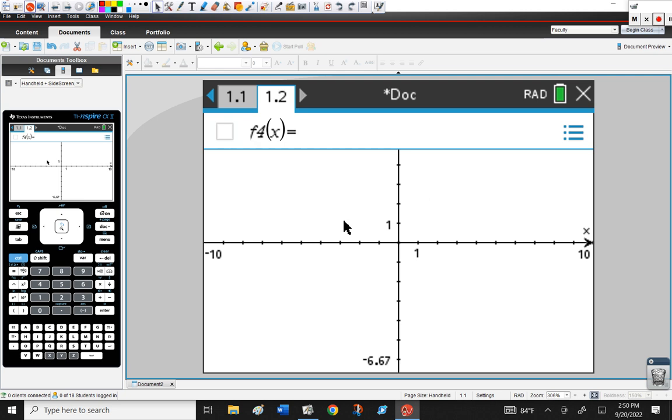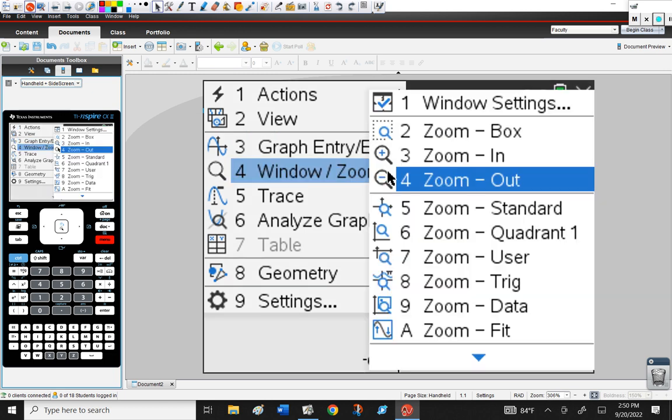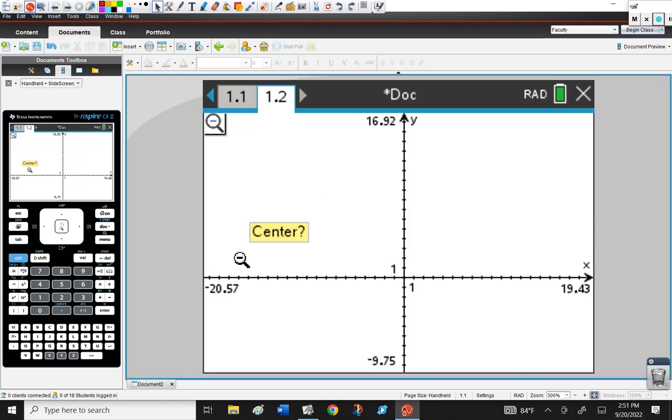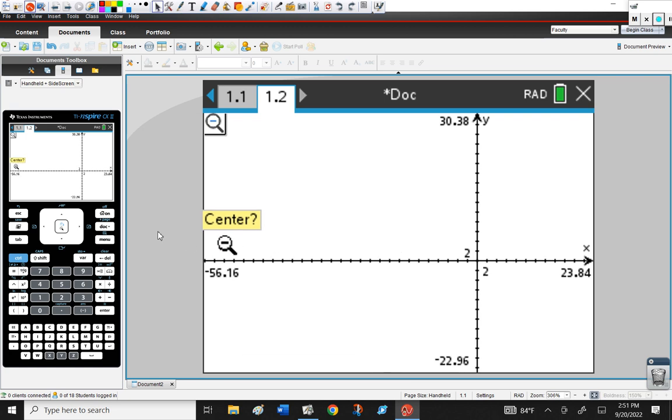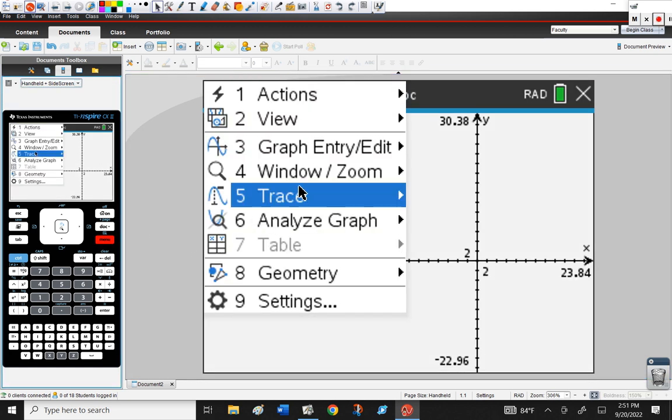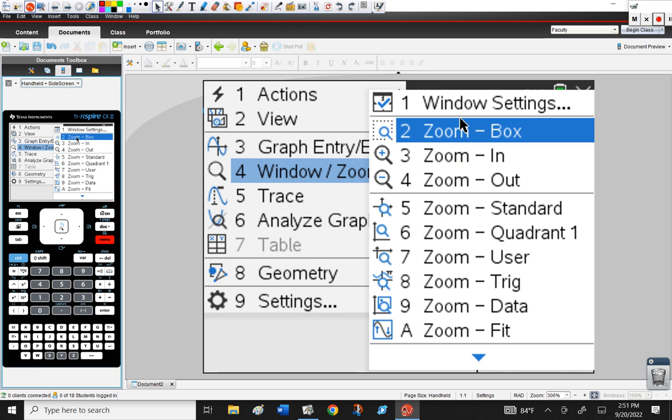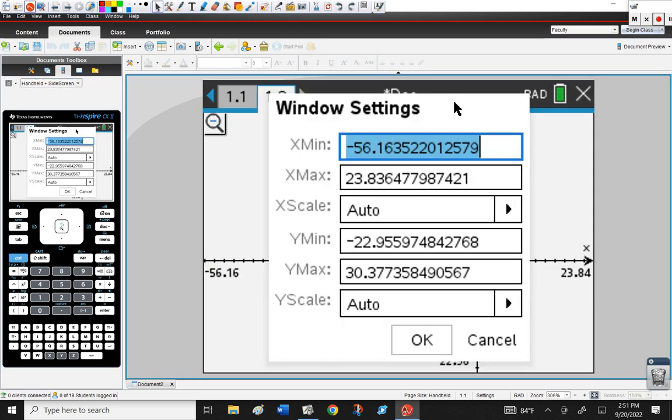So now what I'm going to do is I need to reset my window. Sorry about that. I forgot. Every time you do this, you have to reset the window. So let me go to window. My other window was on the X was negative 1.57, and this one I believe was 3.